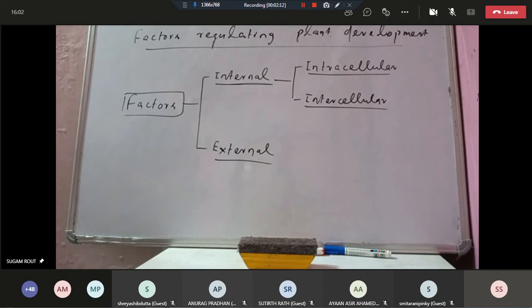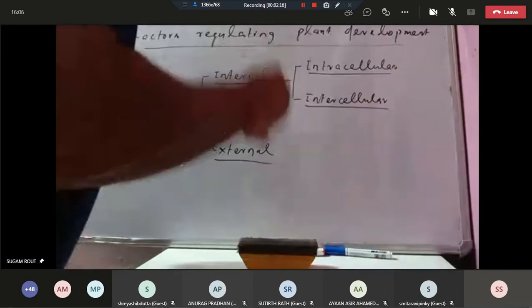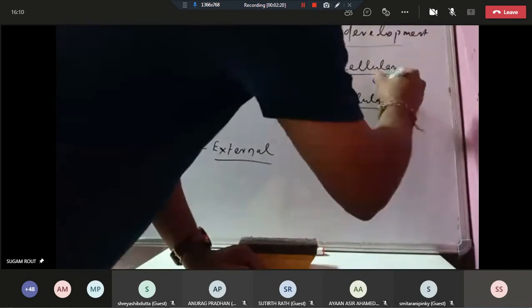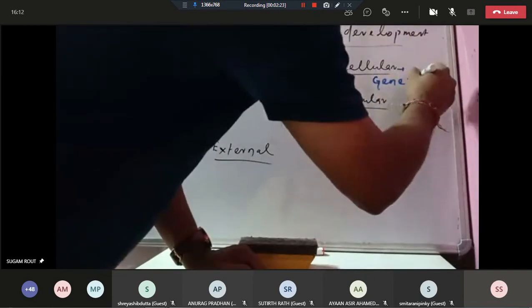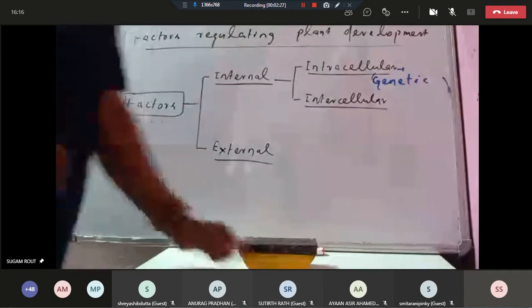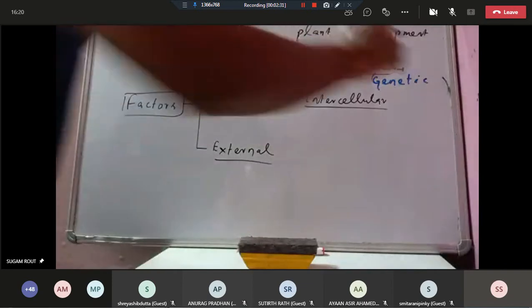Intracellular factors are mostly genetic factors.